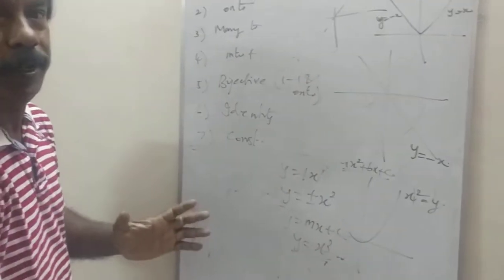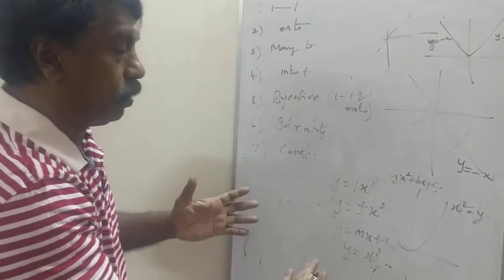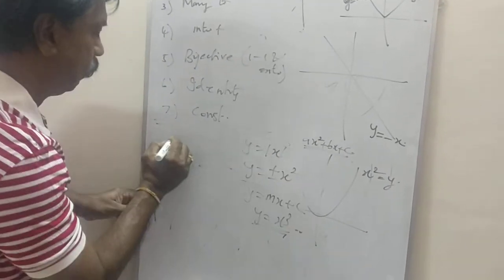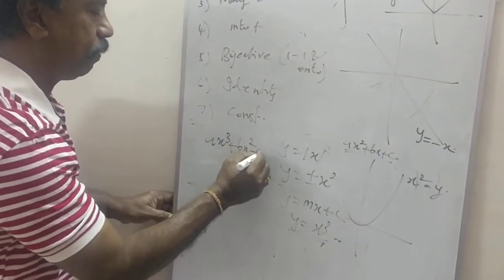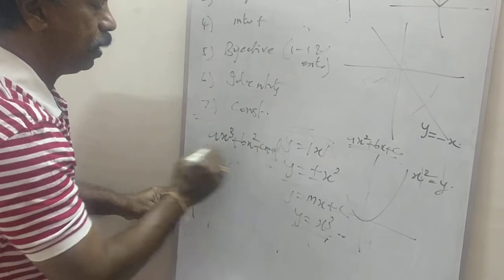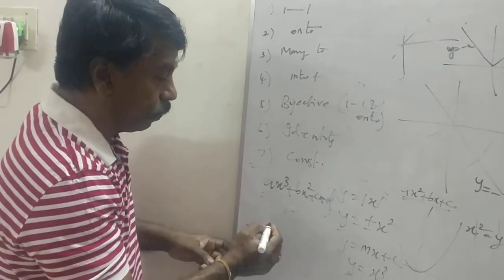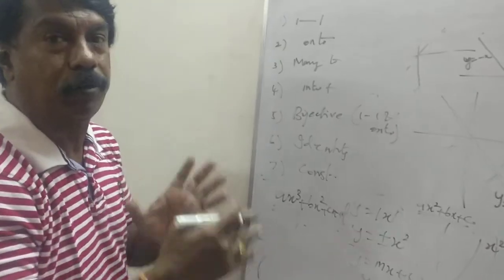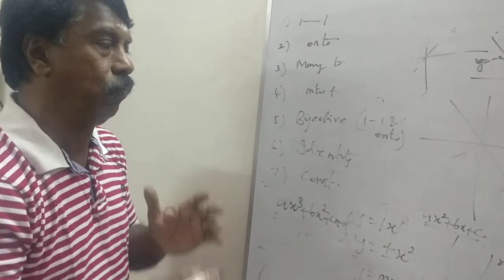Any cubical equation for which the curve can be drawn is called a cubic function. For example, a cubical function will be ax cube plus bx square plus cx plus d. And also a function whose images always belong to the real numbers is called a real valued function.